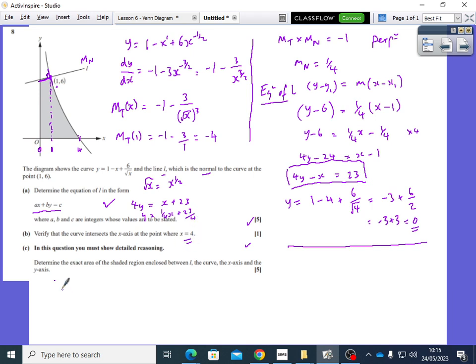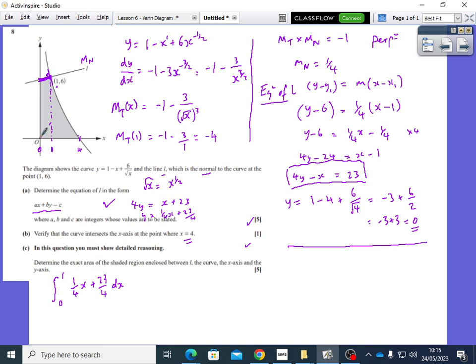Okay, so what we need to do is integrate between 0 and 1, and this will be 1/4 x plus 23/4 with respect to x.